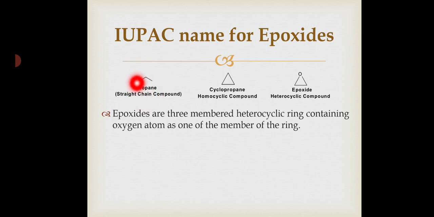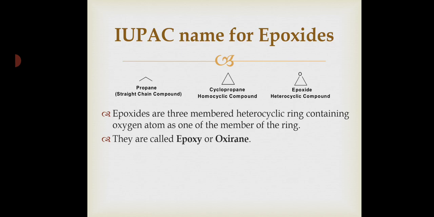When you tie both the ends of the propane, you get cyclopropane, which is a homocyclic compound because the ring is made up of three carbon atoms, the same type of atoms. Now, when you replace one of the carbons with an oxygen atom, it is known as epoxide, and it is a heterocyclic compound because the ring is made up of two carbon atoms and one oxygen atom.